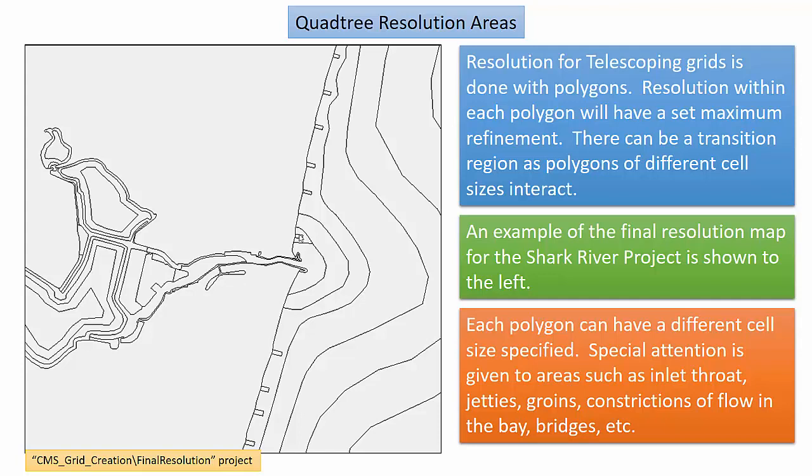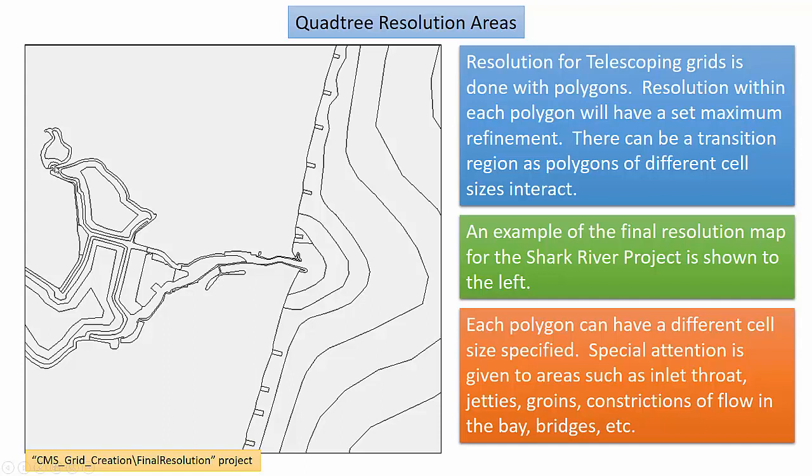And so this is just one example of this case that we have here. It's our final resolution that we used for a certain project. Actually, we used a couple different ones, but this was one of our more detailed. I just wanted to show what it looks like. So in here we've added resolution along every groin field, around the jetties, in the areas of constriction through this little entry into a little bay.